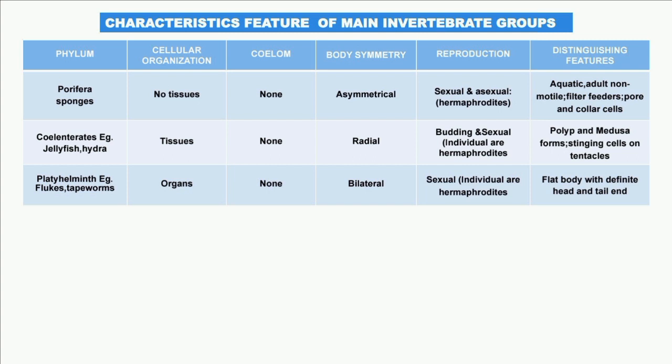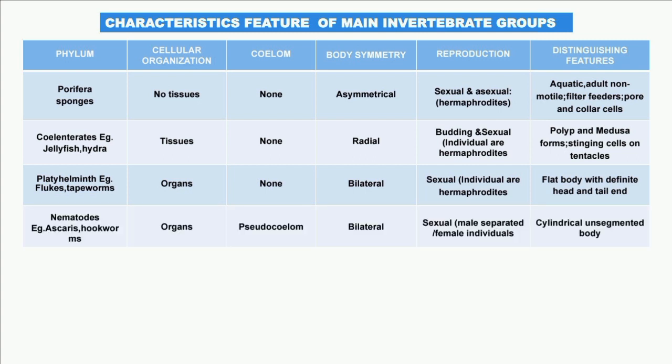The next one we will talk about is Nematoda. Examples are Ascaris and hookworm. Cellular organization: organs. Coelom: they are pseudocoelomate, which means false body cavity. Body symmetry, that is the shape of their body, is bilateral symmetry.